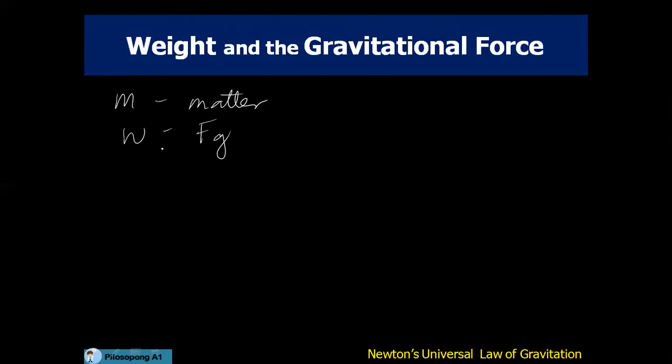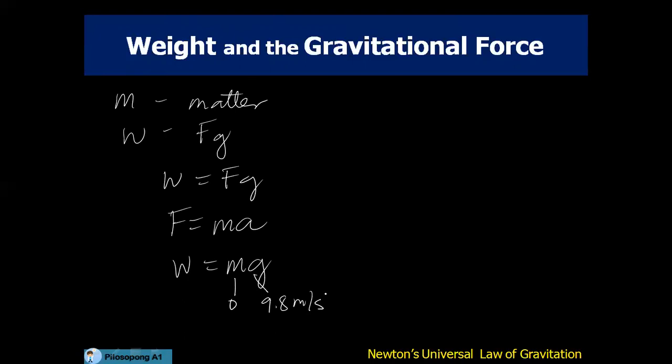So since W is equal to Fg, we can rewrite the basic equation of the second law, F is equal to ma, into W is equal to mg, where m is the mass of the object and g is the acceleration due to gravity, that is 9.8 meters per second squared on Earth.